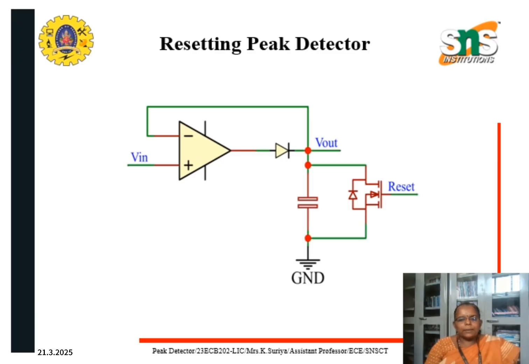We can reset the peak detector by providing a reset signal to the MOSFET which is connected across the capacitor. It will turn on the MOSFET and discharge the capacitor. If we want to manually reset the detector without a signal, we can simply replace the MOSFET with a switch.